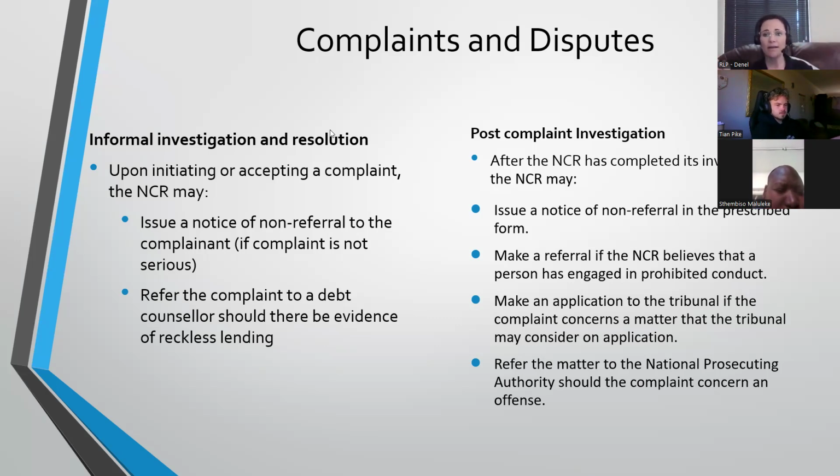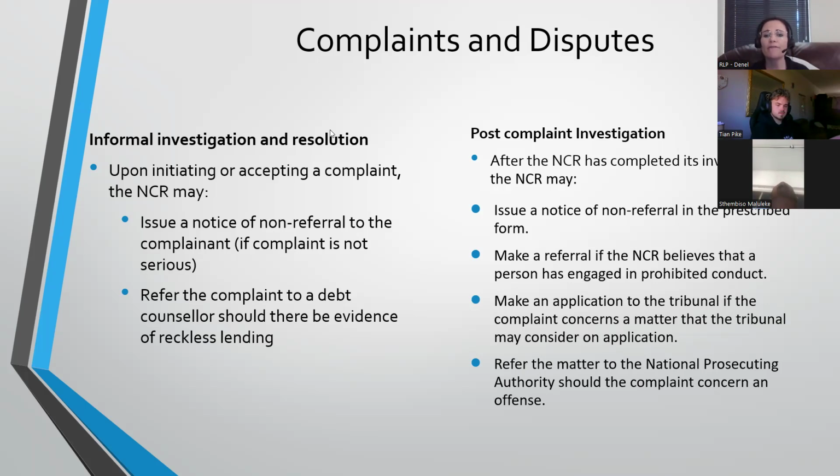Now, they get the complaint, they decide to investigate the complaint, and then one of the following decisions will be made after the investigation has been completed. So once again, they issue a notice of non-referral. So maybe the complaint looked serious, they investigated, and after the investigation it's not serious, then they'll issue a notice of non-referral.